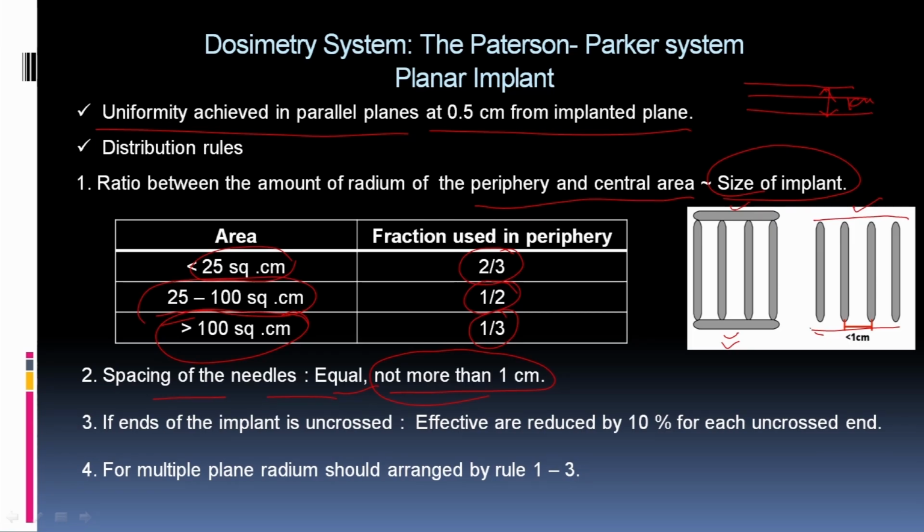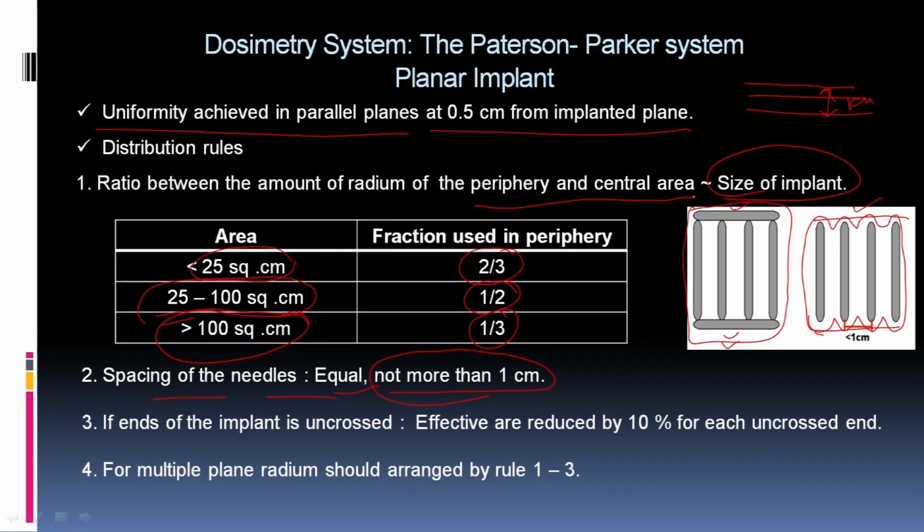Now, the dose distribution will be like this. There will be a dip here because of the uncrossed end, and this is the distribution we will get from this type of radiation implant. From this implant we can see this much area we can effectively irradiate.